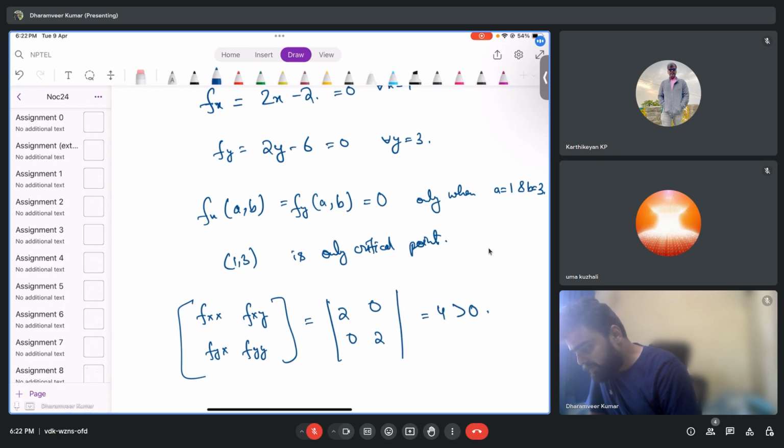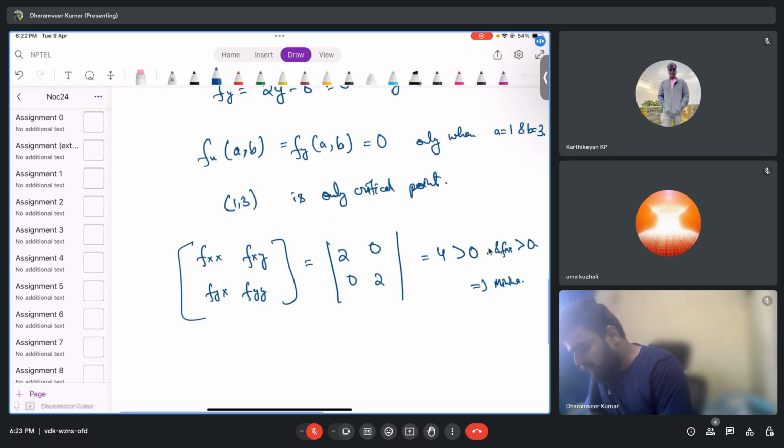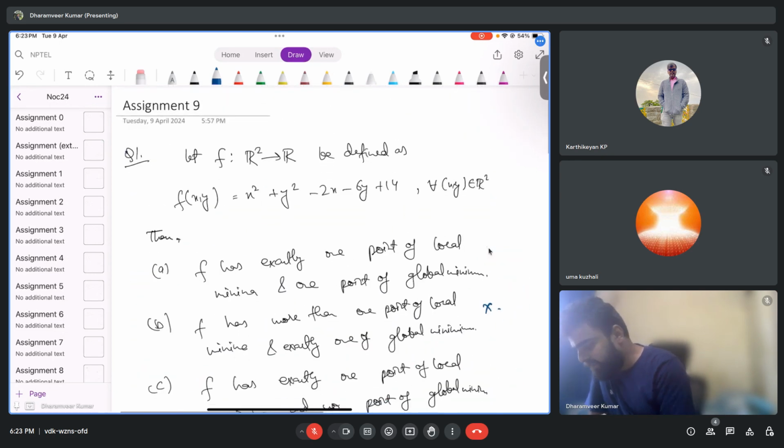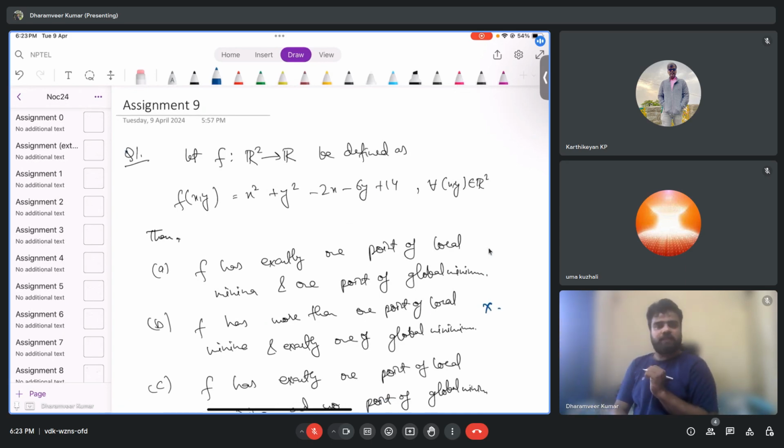Okay, and fxx is greater than 0. That implies minima. So what it says is fxx is greater than 0. If you want to look at this, this is called like a Hessian criteria.